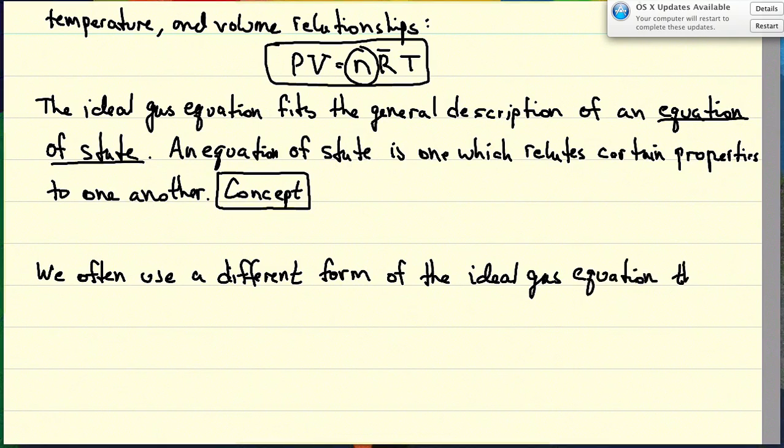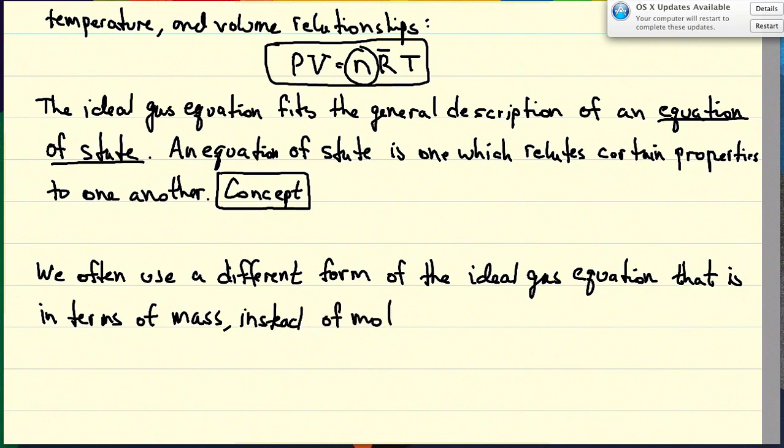It's still the same relationship, but it is in terms of mass instead of moles. And the way that we write that different form is as follows.